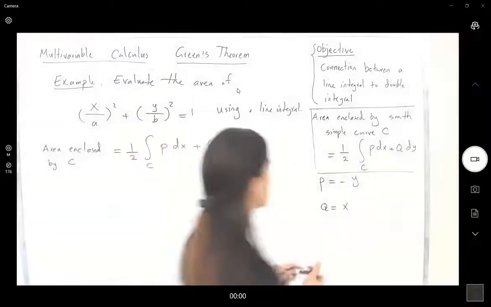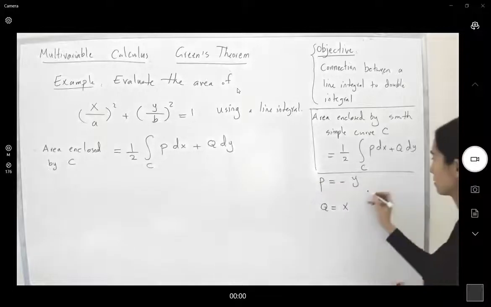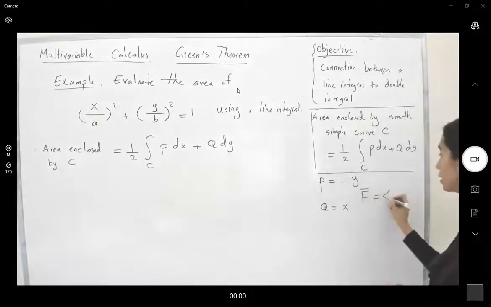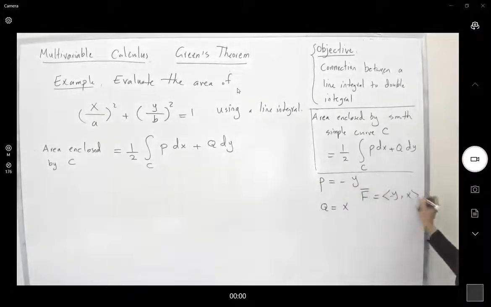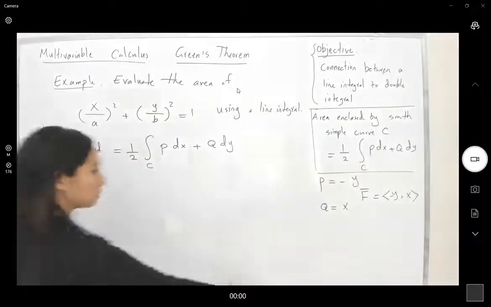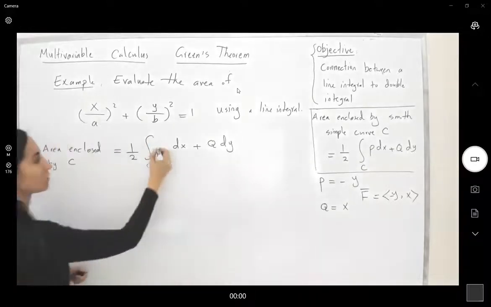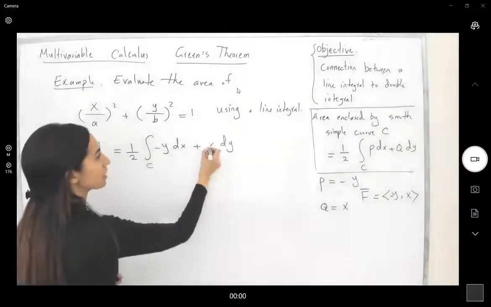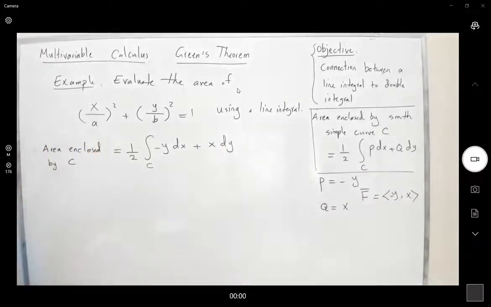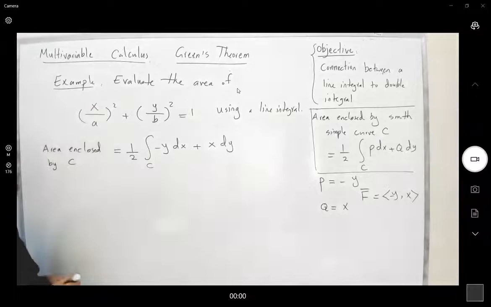So remember that we defined our vector field to be negative y and x. By using this vector field, we derive this formula. Okay, so your P is minus y, and your Q is x. This is what we have, and our goal is to calculate this line integral.